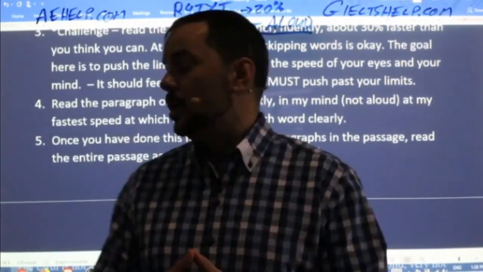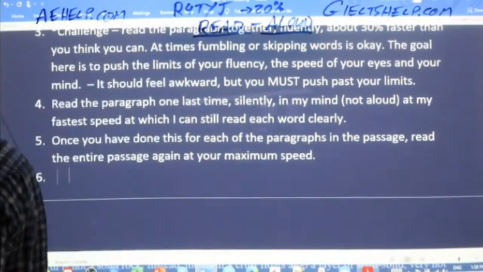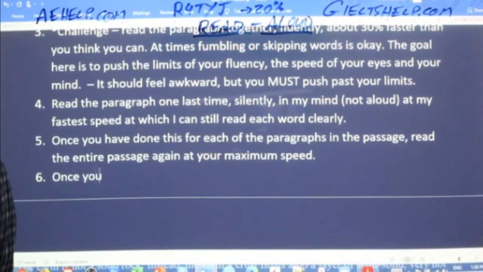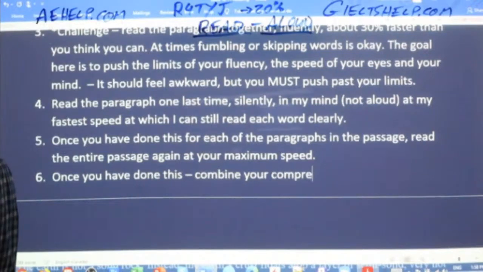Okay, so once you have done this, combine your comprehension and fluency practice.